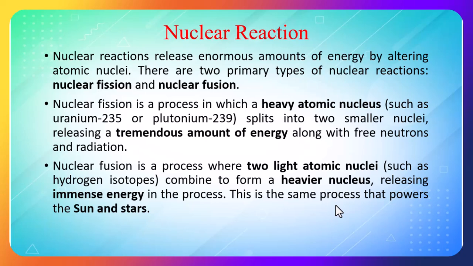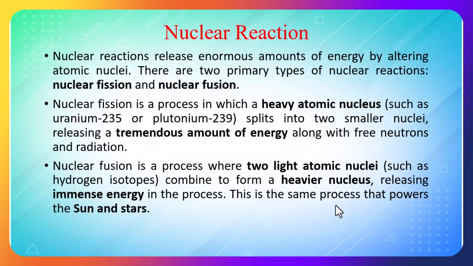With respect to nuclear reactions, we will talk about the neutron, which has an effect on radioactive material. There are two types of nuclear reaction: one is called nuclear fission and the other is called nuclear fusion.